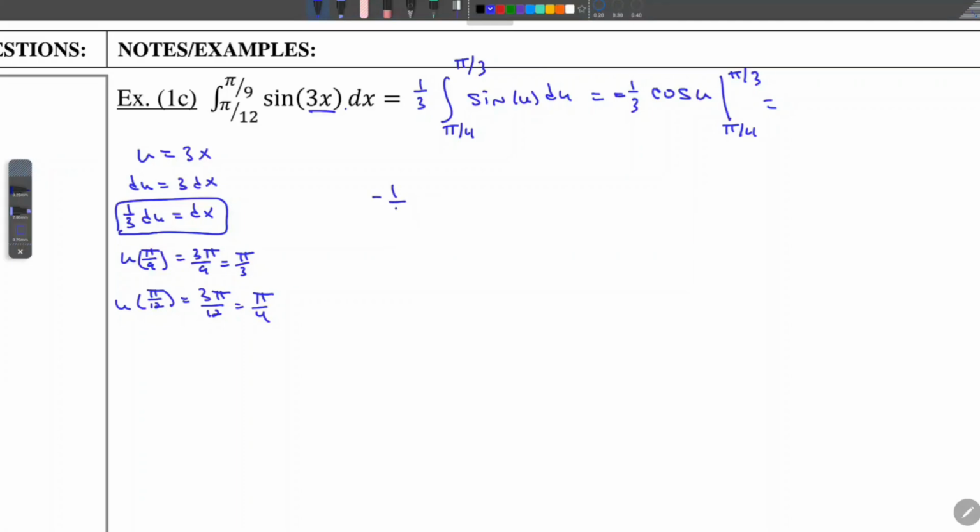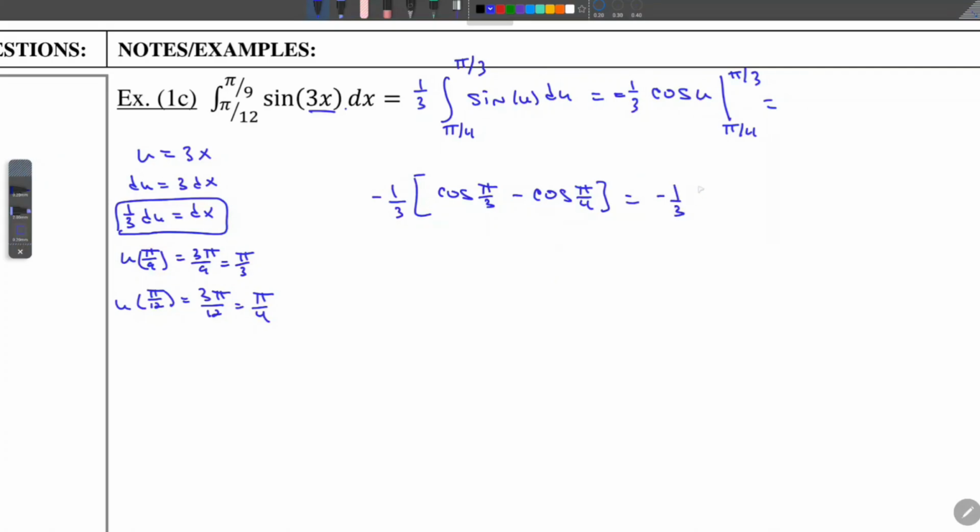I don't like to distribute that coefficient inside the terms. So I'm going to put a set of brackets, and remember, it's the fundamental theorem of calculus, f of b minus f of a. So this is going to be cosine of pi over 3 minus cosine of pi over 4.